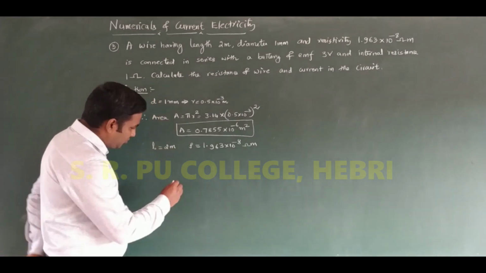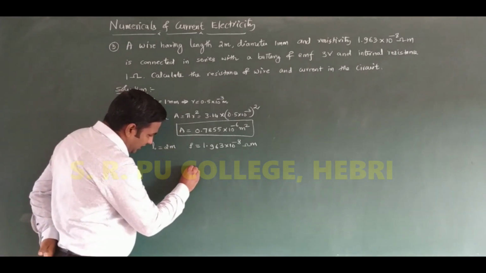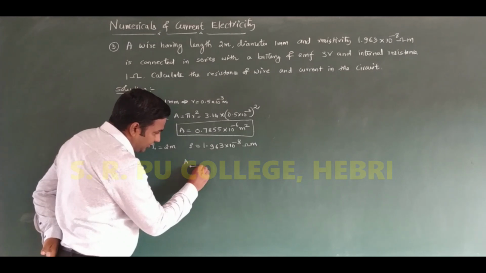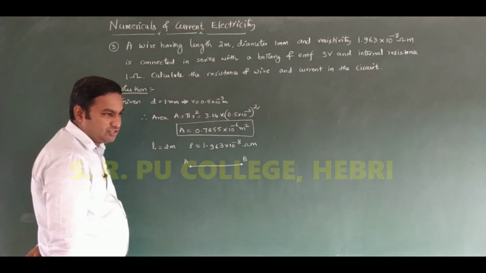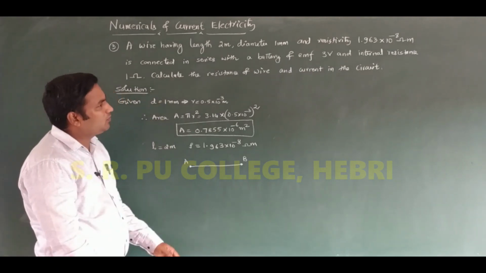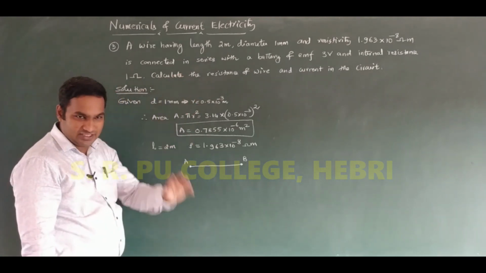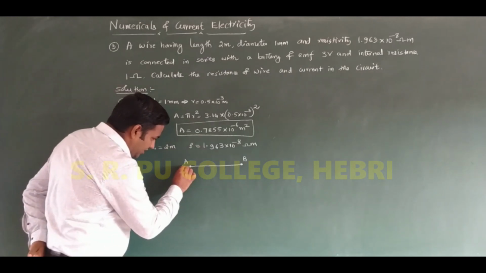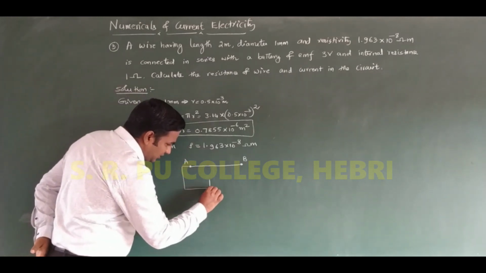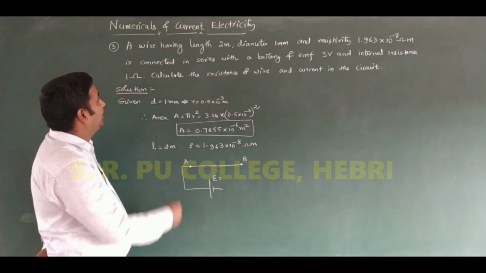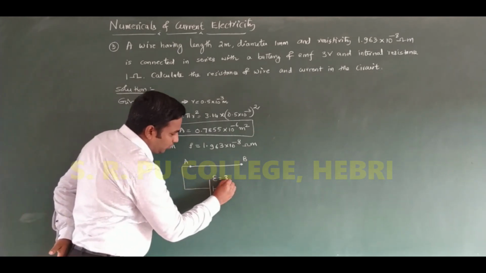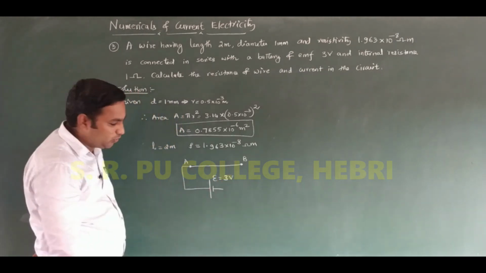Dear student, it should be like this. You have to take one length of the wire. I consider AB is the length of the wire. It has a suitable radius, that is, diameter, as well as a resistivity and a length. This wire is connected in series with the cell of EMF 3 volt.